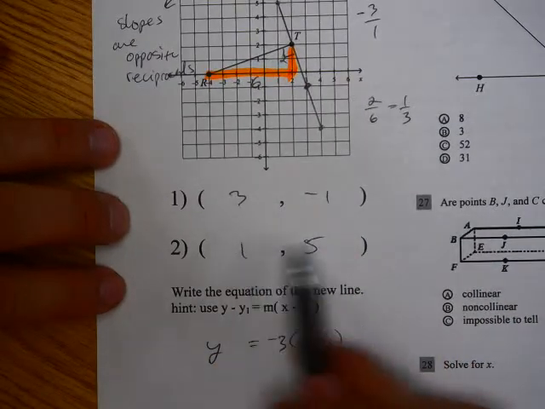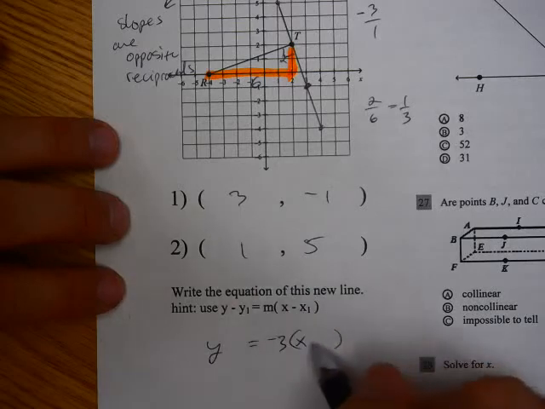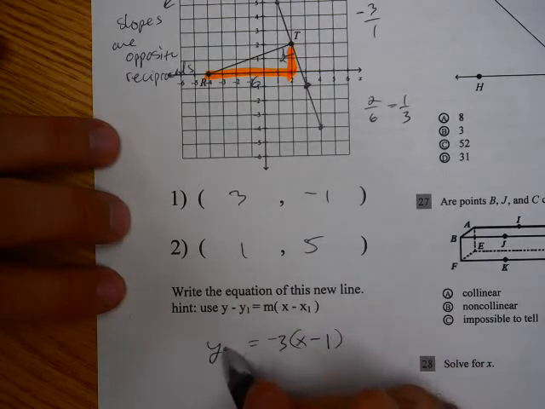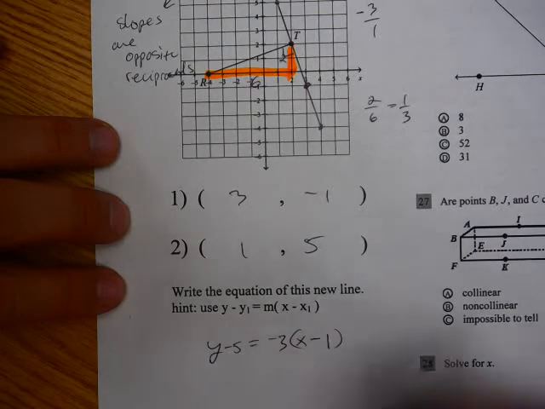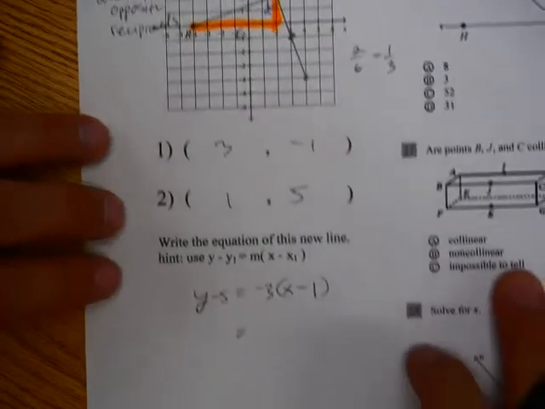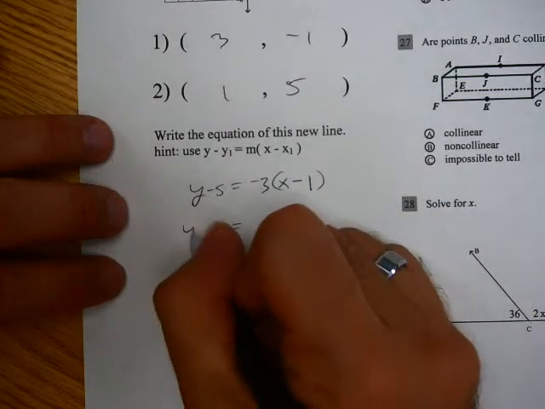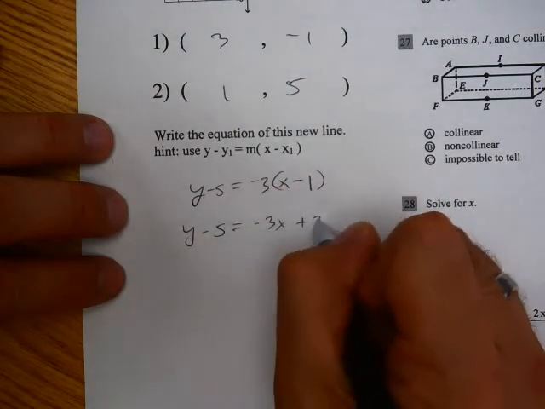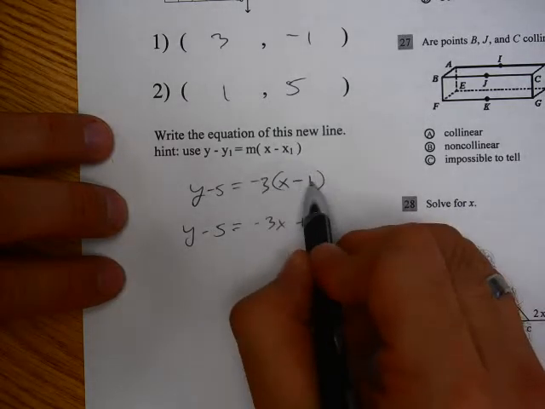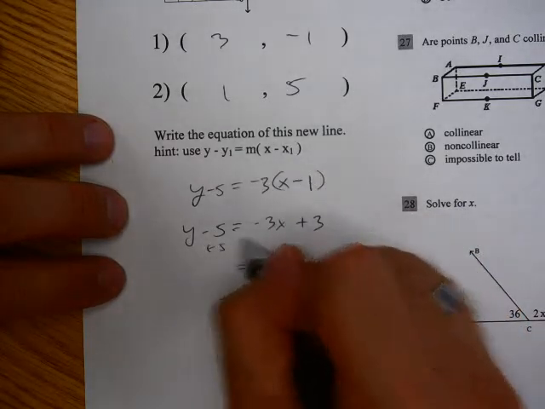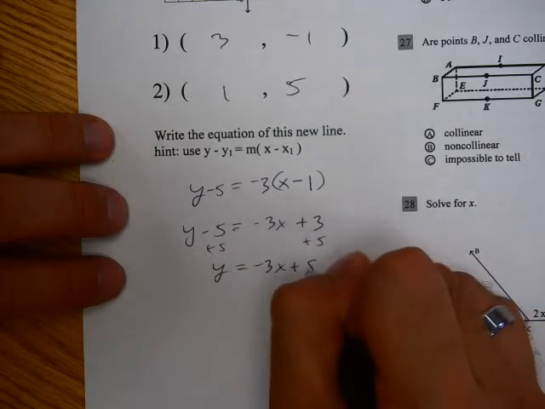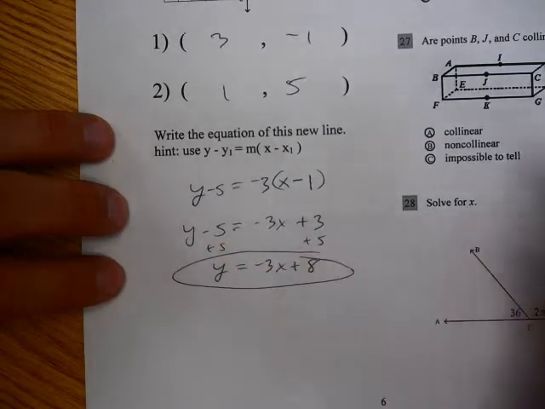So let's say I just go with this one, -1, 5. There's the -1 going into this x1. There's the 5 going into this y1. And we want it to be y equals mx plus b form, so I'm going to distribute the -3, -3x plus 3. So I'm multiplying these together. Then I'm going to add 5 to get y by itself. -3x plus 8. There's my equation for that new line.